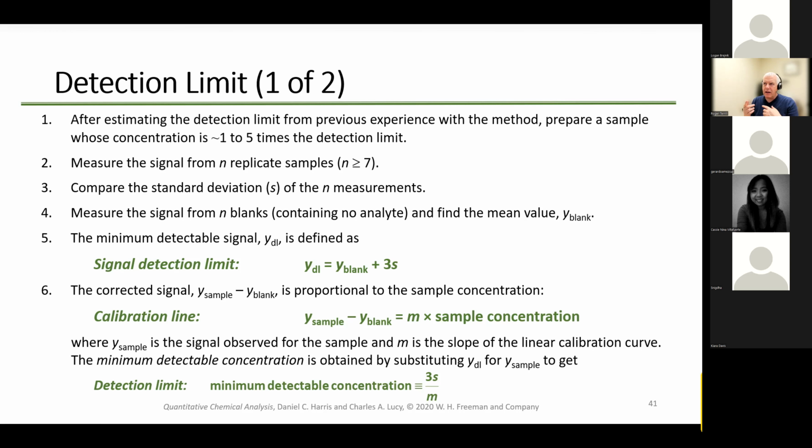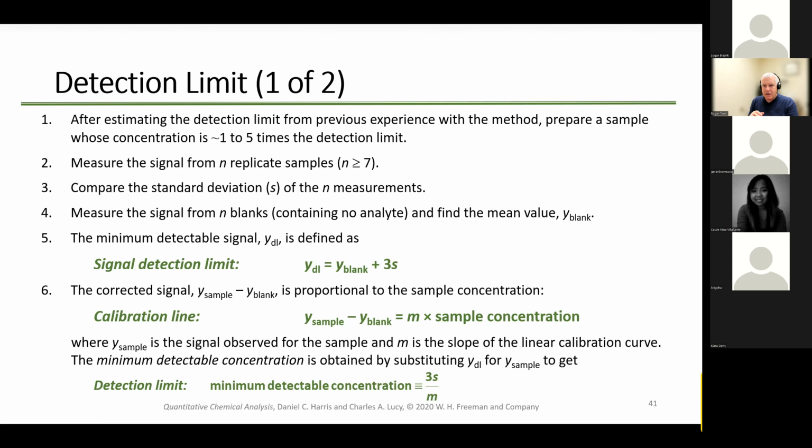So you can take that uncertainty in the intercept, divide it by m to get the sample concentration, and then multiply that by 3 to get the minimum detectable concentration, right?